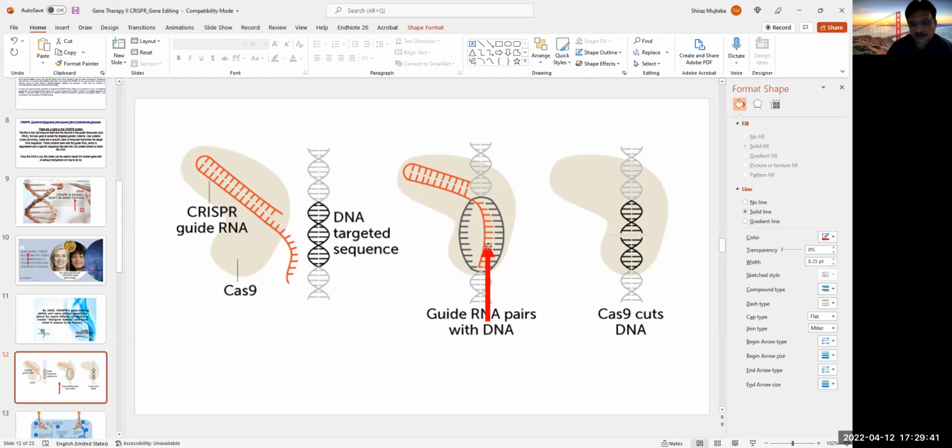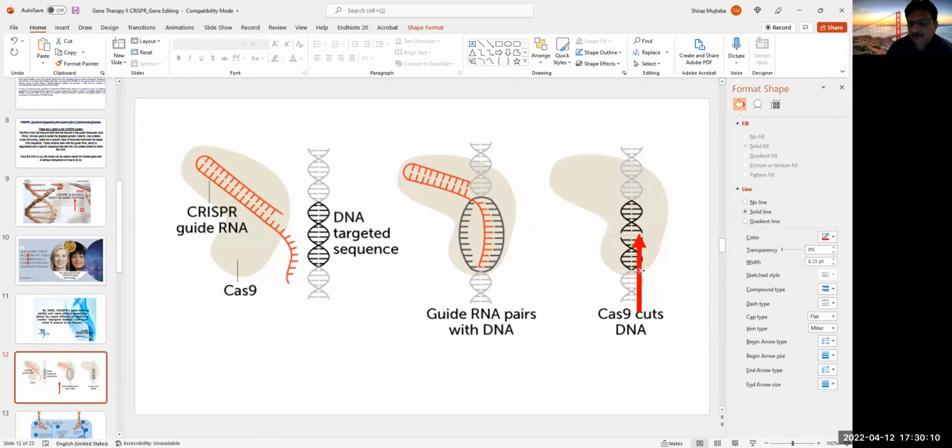The orange color is the RNA and the dark gray color is DNA. When they come together, in the RNA-DNA heteroduplex, it creates a cut in the DNA, right? And this cut is in the DNA, not in the RNA. And this cut is the point where the therapeutic DNA can be ligated.